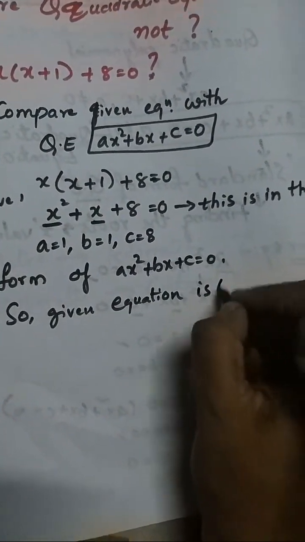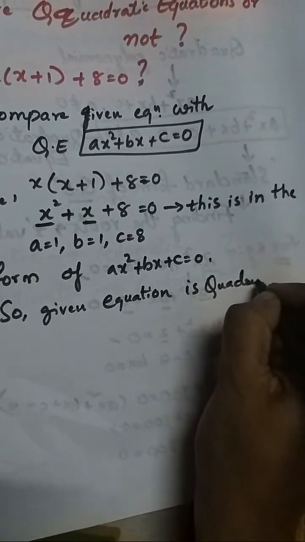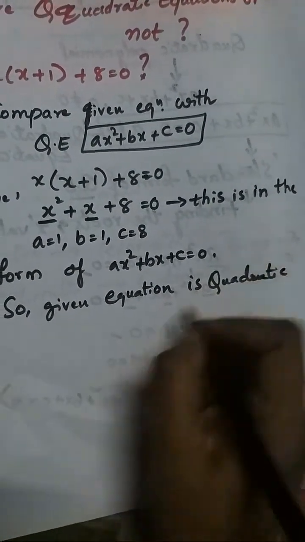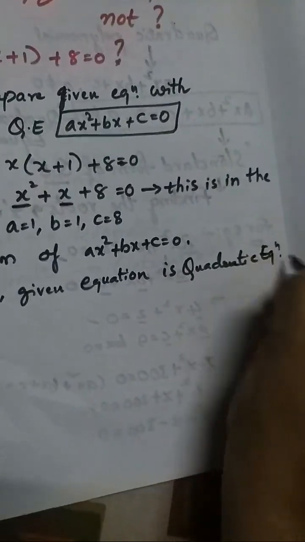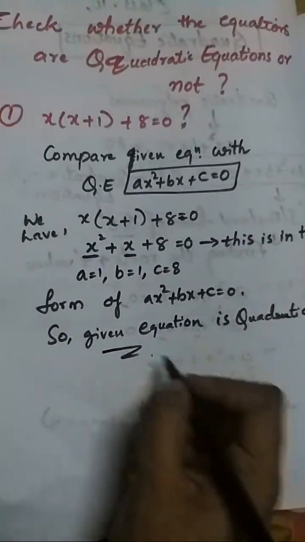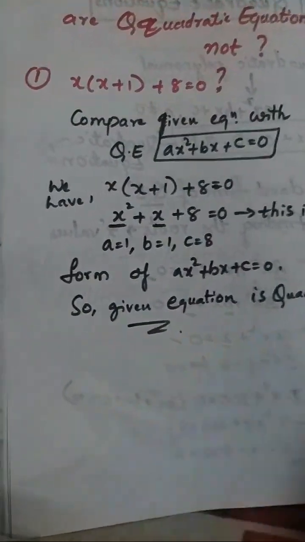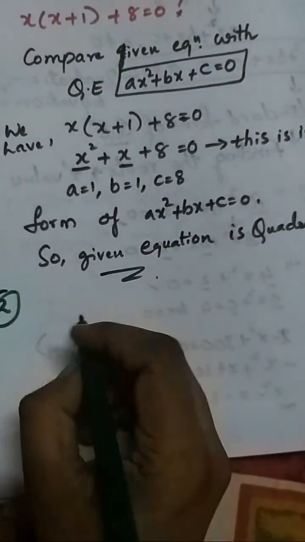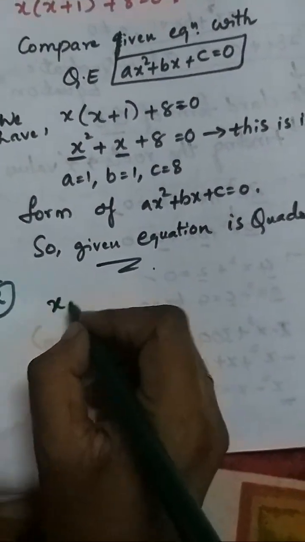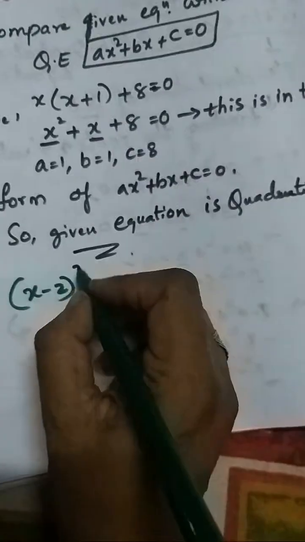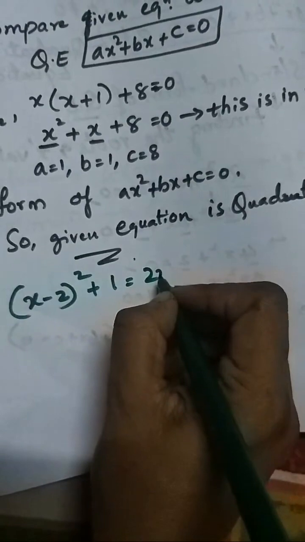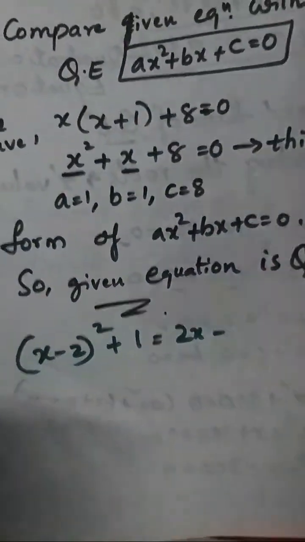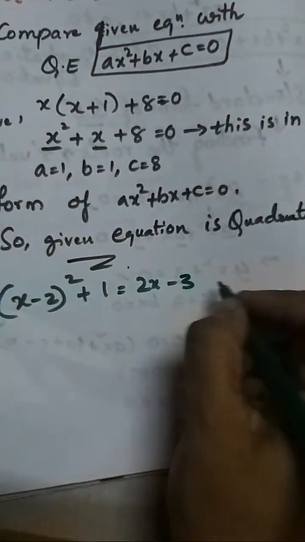The given equation is a quadratic equation. Like this we have to find whether the given equation is quadratic or not. The second example I am taking is x minus 2 whole square plus 1 is equal to 2x minus 3. Check.